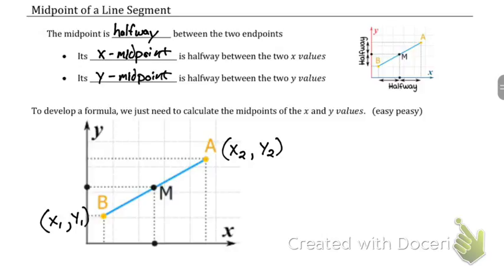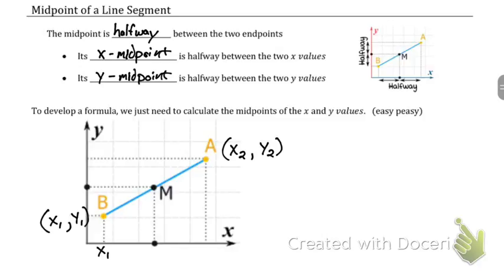Well, remember with XY, we have an X component and we have a Y component. For this point B, if I was to plot this, I would go over some distance and then I would go up some distance. So we are going to go over X sub 1 units. And then we're going to go up Y sub 1.